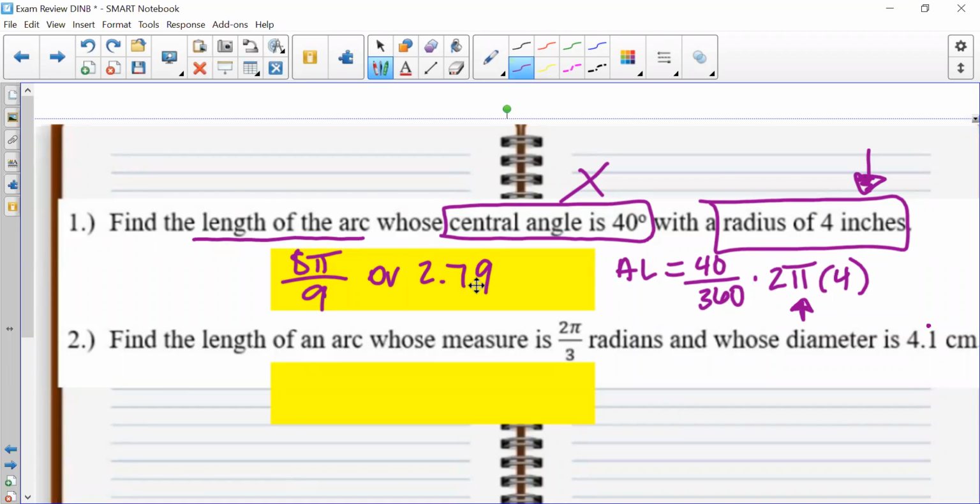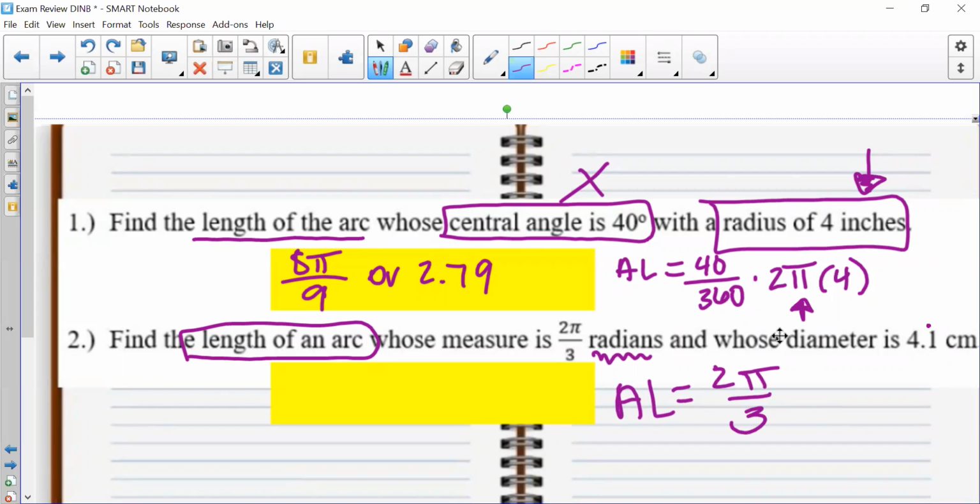Okay. All right, number 2, find the length of an arc, so still looking at arc length, whose measure is 2 pi over 3 radians. So now we're using the radian formula, which says arc length equals angle times radius. Now they tried to trick us, and they actually gave us the diameter this time.